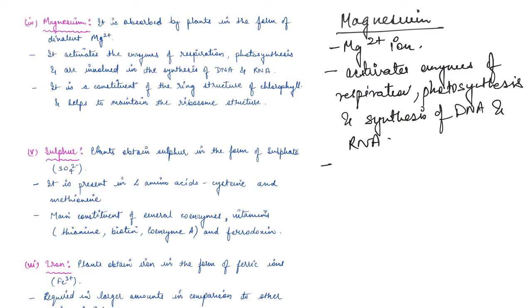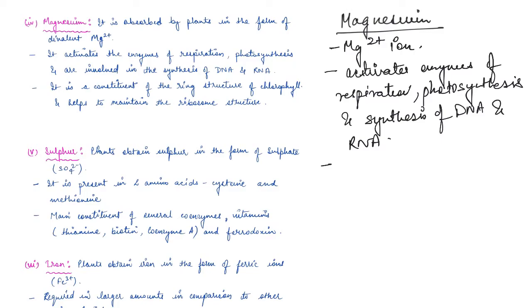So the next function is that it is also the constituent of the ring structure of chlorophyll. So basically, it is part of the structure of chlorophyll, and it also helps in maintaining the ribosome structure. So basically, with this knowledge, now we know that magnesium is also a structural element in plants.